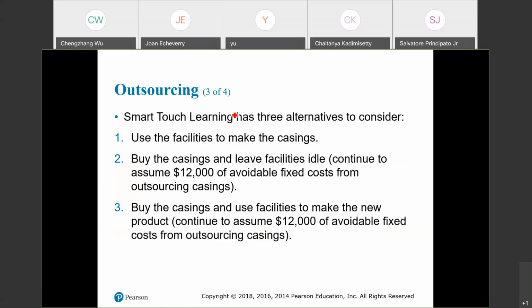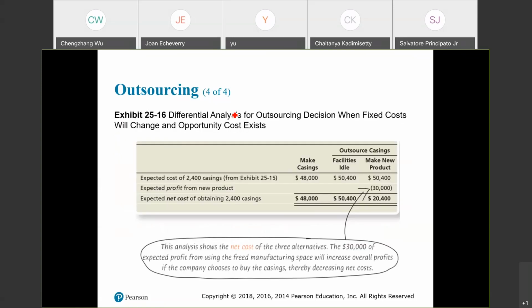First, to use the facilities to make casings. Second, to buy the casing and leave facilities idle. Third, buy casings and use facilities to make the new product. Well, let's make a comparison here.